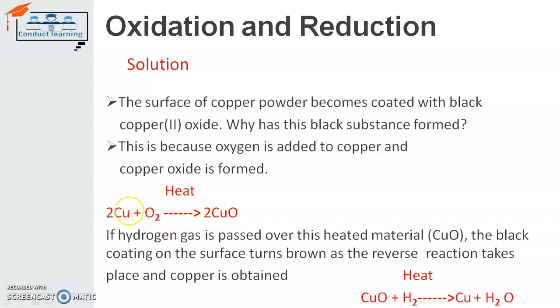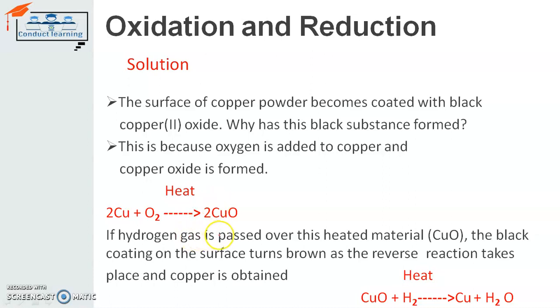The addition of oxygen to copper is known as oxidation. In this process, oxygen is added to copper and gives copper oxide as the product. This is the oxidation reaction, in which oxygen is added to the reactant, or is present on the product side of the chemical equation.